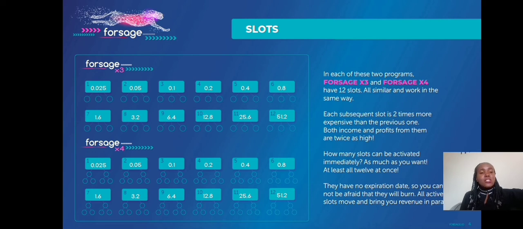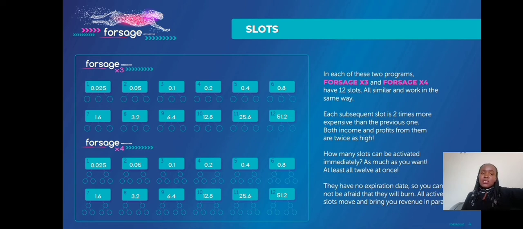The second slot, I'm looking at X3, is 0.05 Ethereum. The third slot is 0.1 Ethereum. The fourth slot is 0.2 Ethereum. You realize that each subsequent slot is twice as expensive as the previous slot.